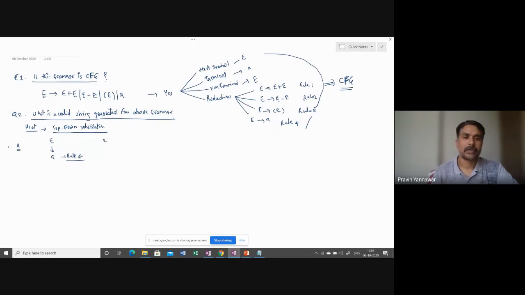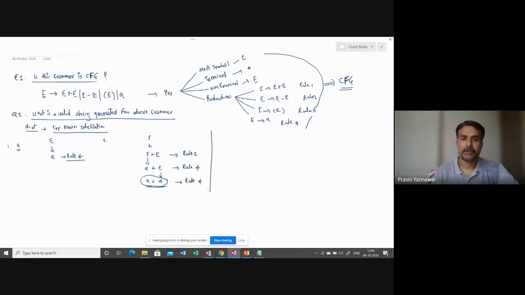Second, if E is substituted as E plus E, then the first E is substituted by A and the second by A. That is rule 1, and then rule 4 for each E.